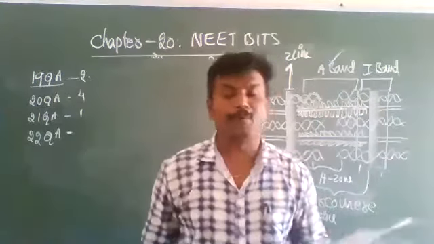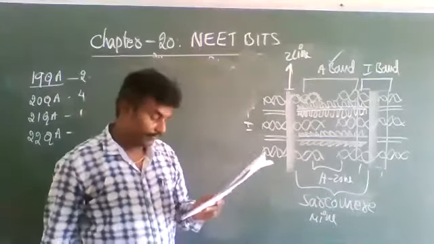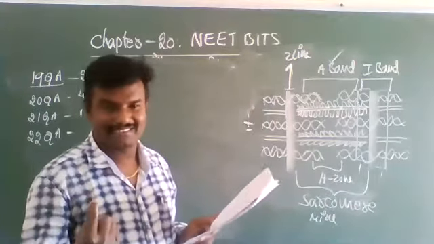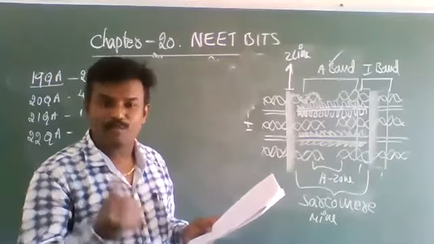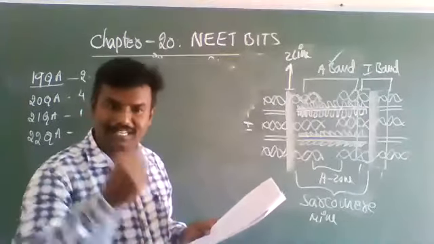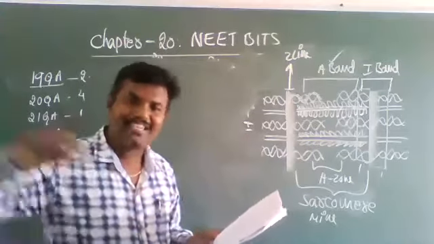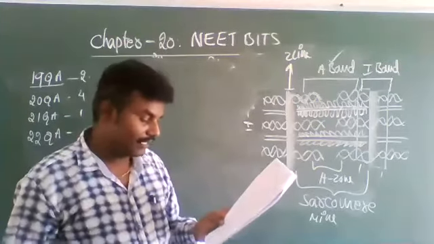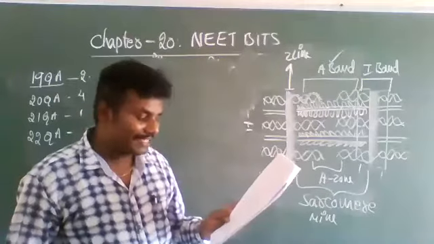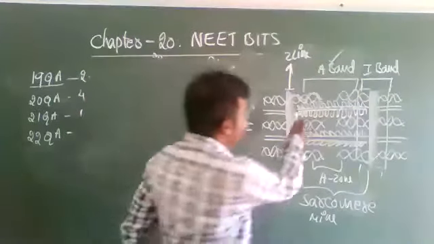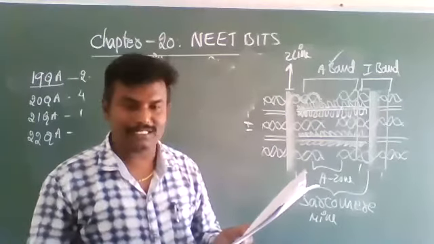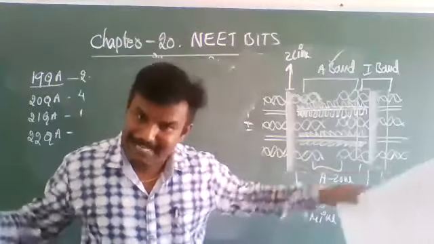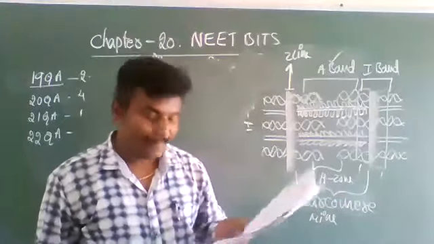Monomeric protein. Mono means single, meric means chain. A single protein chain which polymerizes, meaning combines, to form myosin.